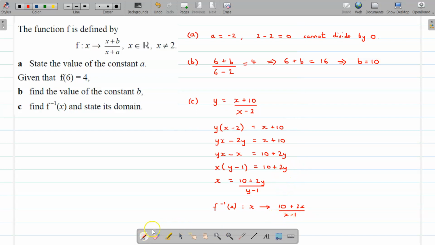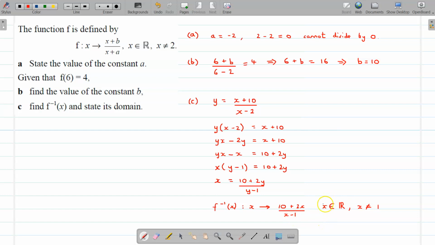And finally, it says state the domain. So the domain of that is that x can be a member of the real numbers such that x cannot equal, well, it cannot take the value of 1, because that would cause this denominator to be 0.